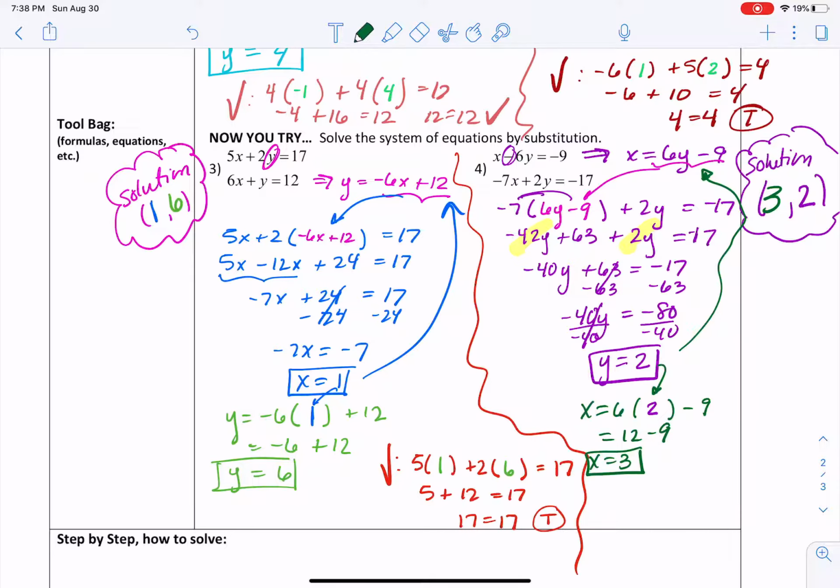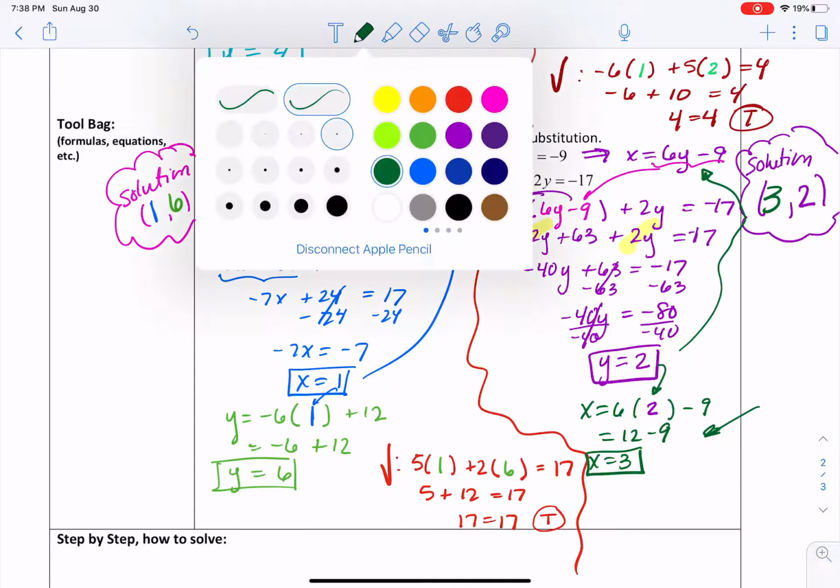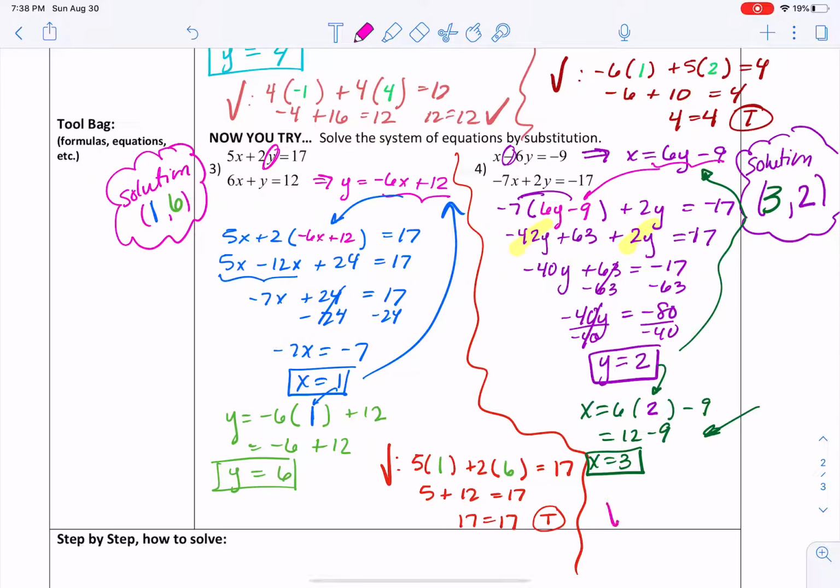Remember, that means that that point is on both lines and it's where they intersect. So I've already proved that it works for this one. So then my final check is to plug it into the -7 times x plus 2 times y equals -17.